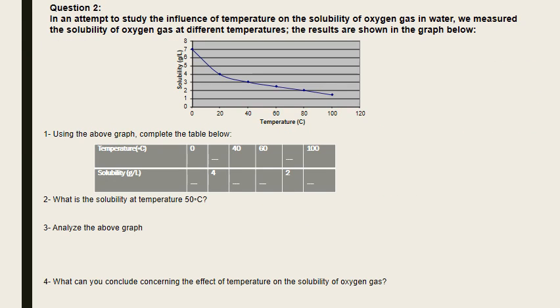Question 2 says, in an attempt to study the influence of temperature on the solubility of oxygen gas in water, we measured the solubility of oxygen gas at different temperatures. The results are shown in the graph below. This is the graph. So first question says, using the graph, complete the table below. So at 0, here's 0. So what's the solubility? It's 7.